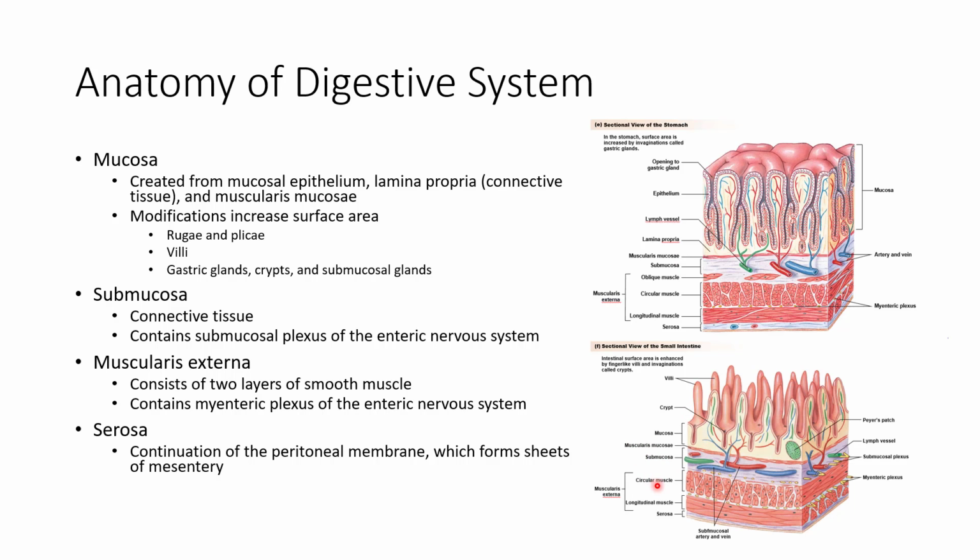Below the mucosal layer, we have the submucosal layer. This is made up of connective tissue. We have our arteries and veins running through this, and we have our enteric nervous system, so the neurons that play a role in the digestive system run through the submucosal layer. Below that, we have the muscularis externa, where we have all the smooth muscle, so this is where the contraction force will be generated.